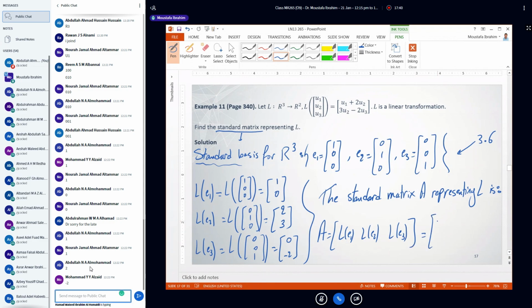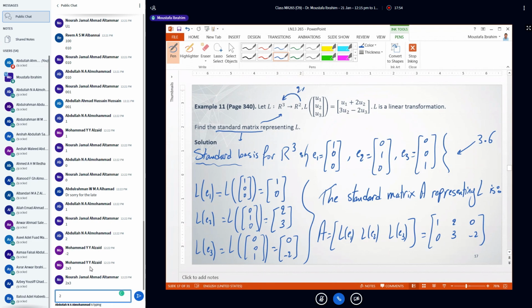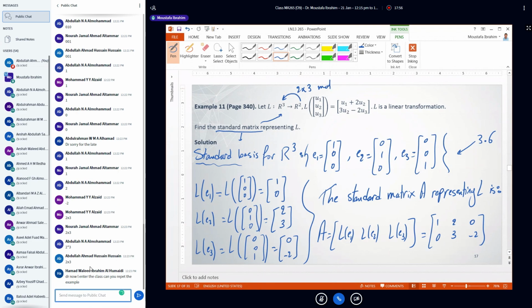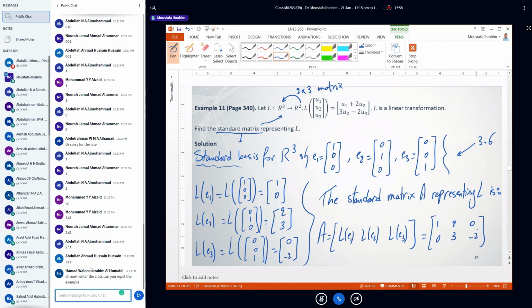So what do we get? We get 1, 0, 2, 3, 0, minus 2. Look, what's the size of this matrix? Two by 3 matrix. You see, look here, it's 2 by 3. So not 3 by 2.